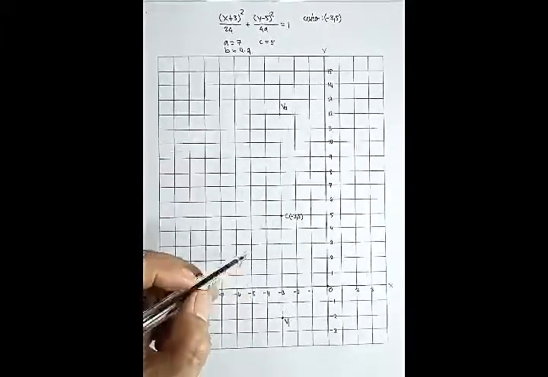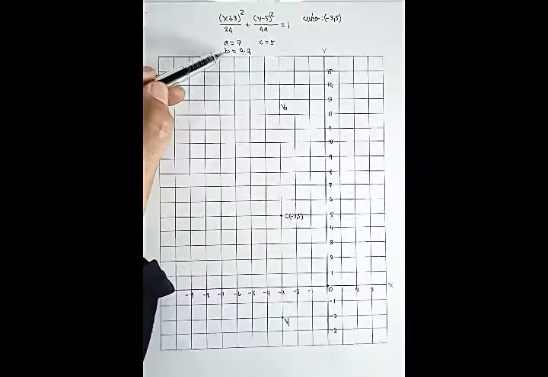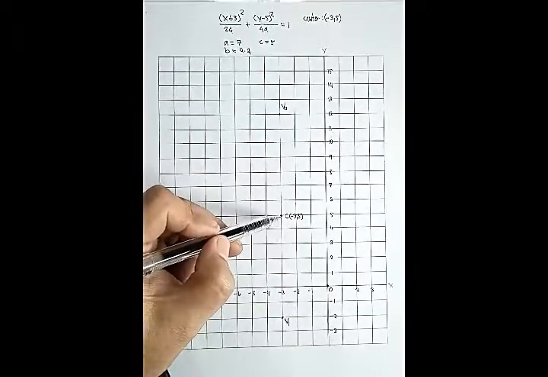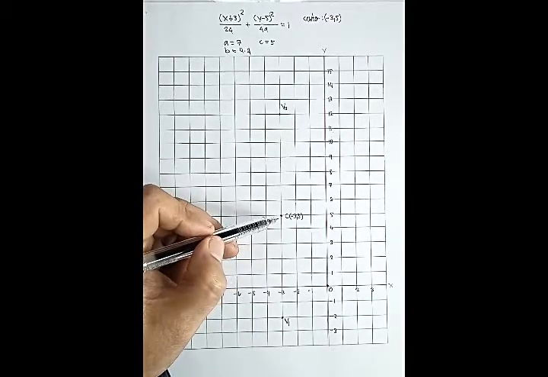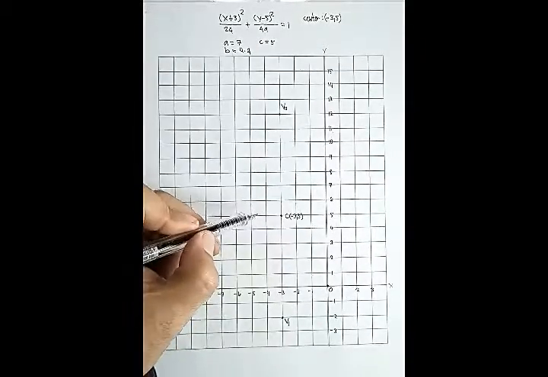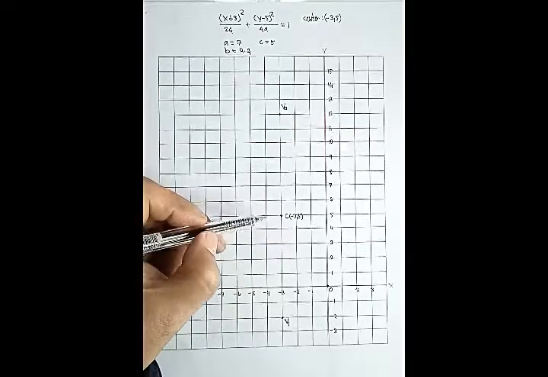So, for our co-vertices, so kaning 4.9, mo measure tagikan sa center of the ellipse 4.9 to the left and to the right. So, from the center, we'll have count tag 4.9.